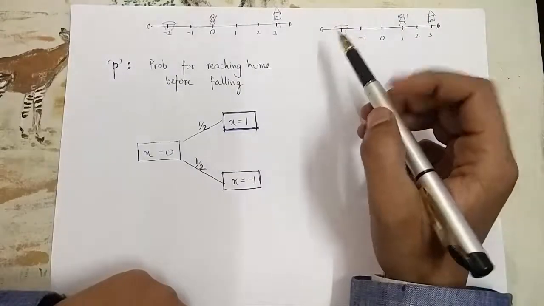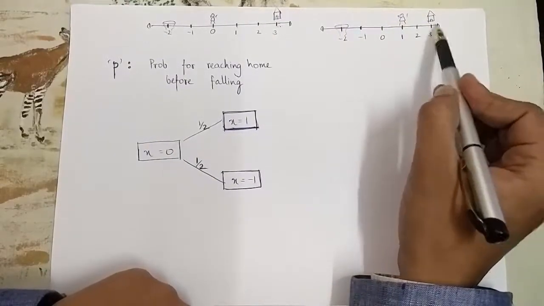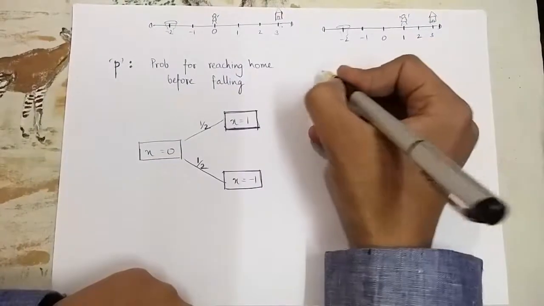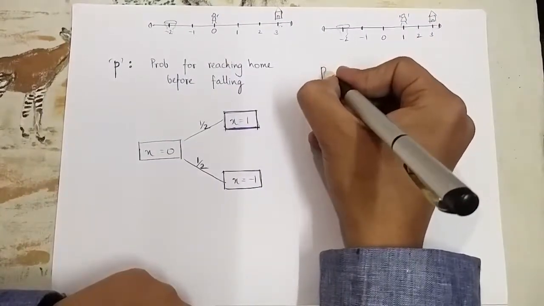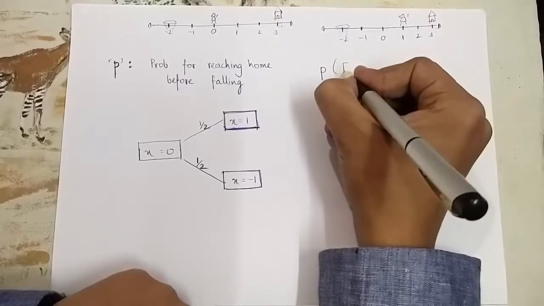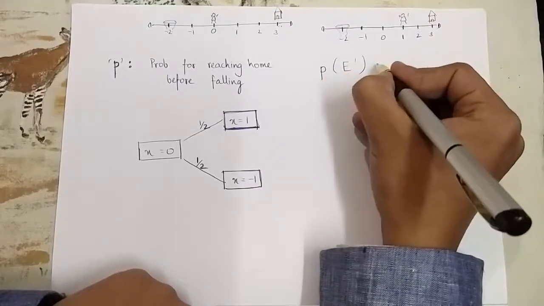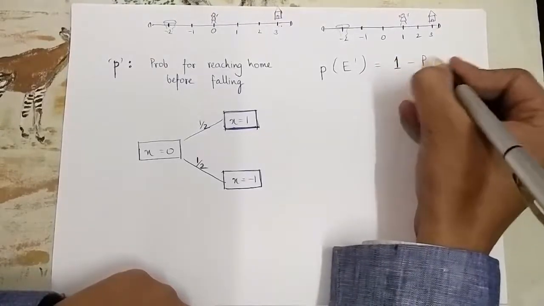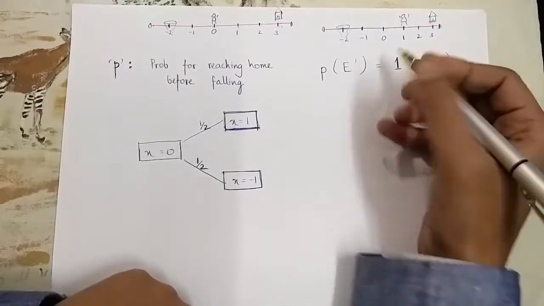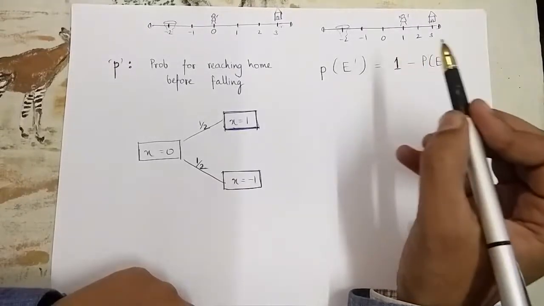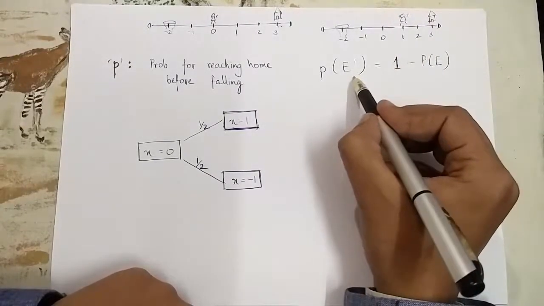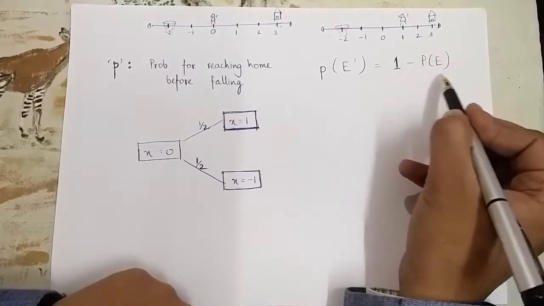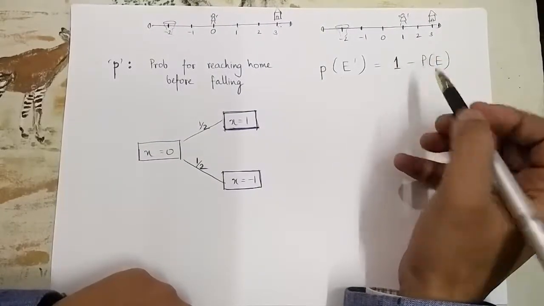Therefore, this situation is the complement of this situation. And what is the probability of a complementary event? It is 1 minus the probability of that event. Obviously, the probability of something not occurring is the complete probability minus the probability of that occurring.